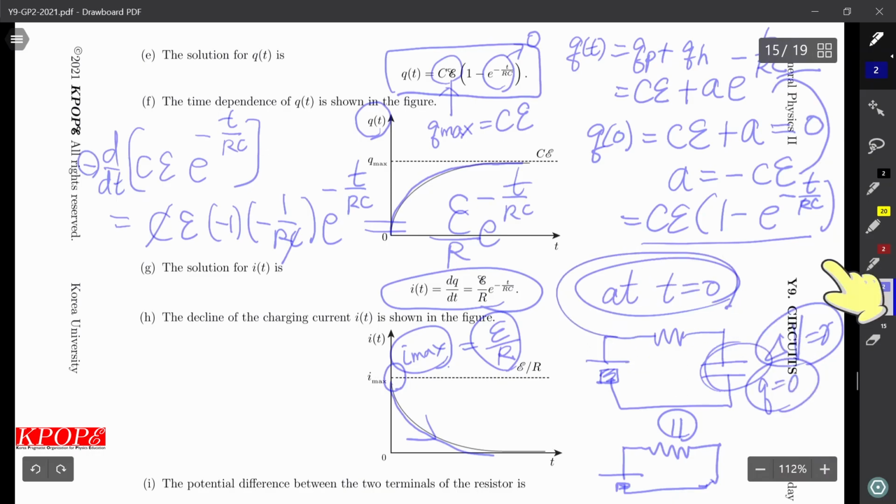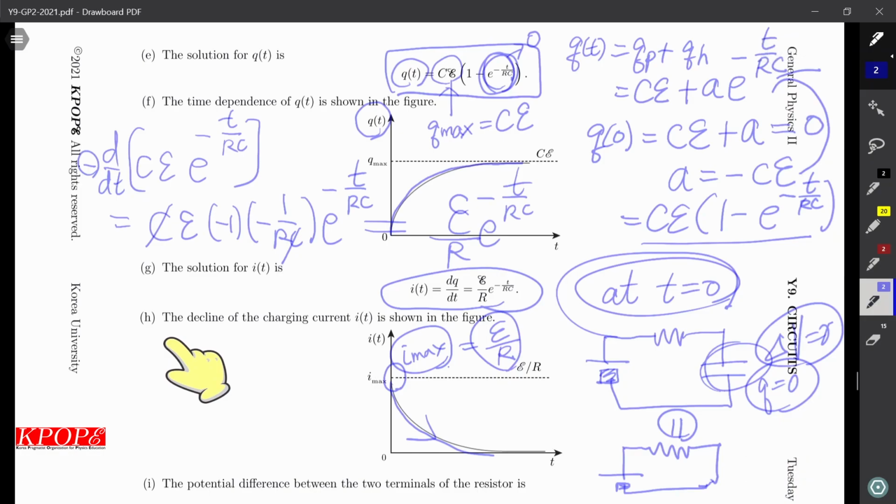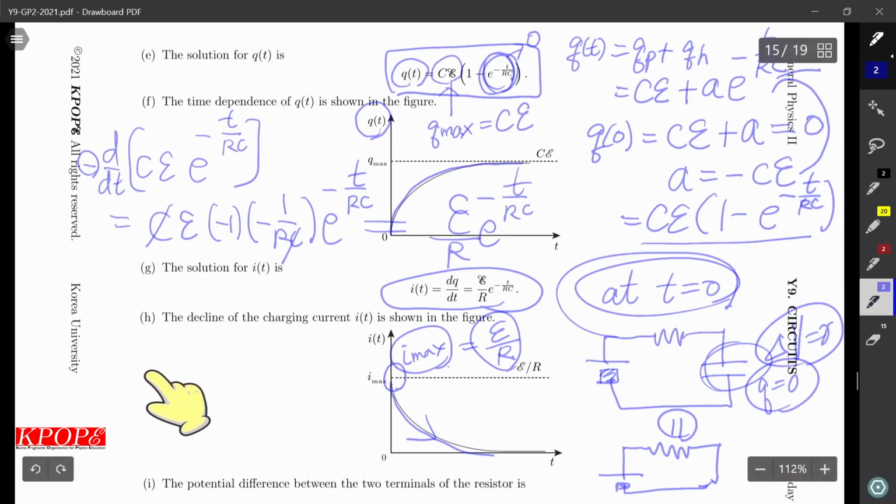But as t goes to infinity, the capacitor is completely charged, so the potential difference between the two plates of the capacitor is the same as that of the EMF device.